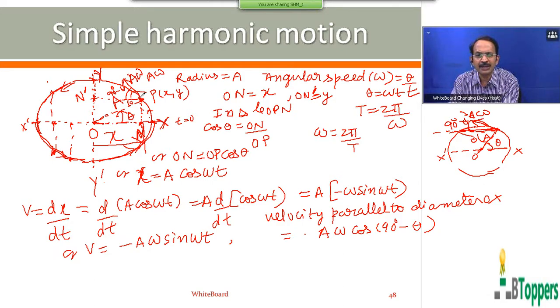The component of velocity parallel to the diameter x dash x is directed towards the left, opposite to the x displacement of point n with respect to the center of the circular path. So we can put a negative sign. Cos of 90 minus theta you can write as sin theta, and theta is omega t. That means I have arrived at the same conclusion. Here I have done it with the calculus method.